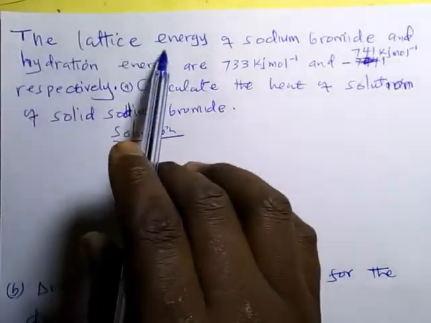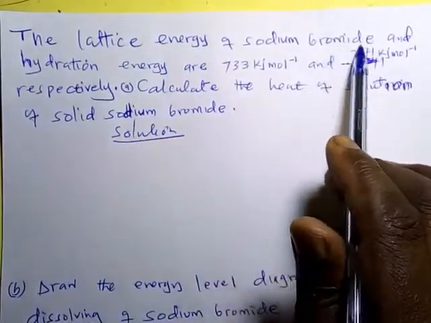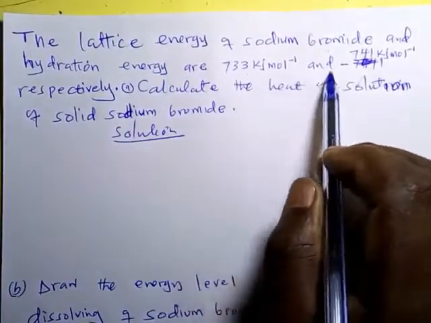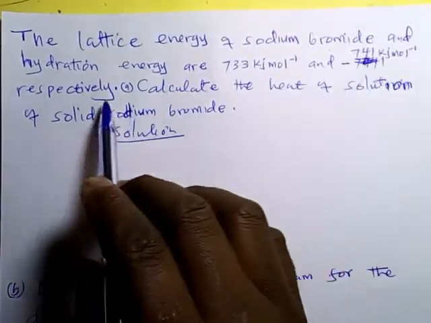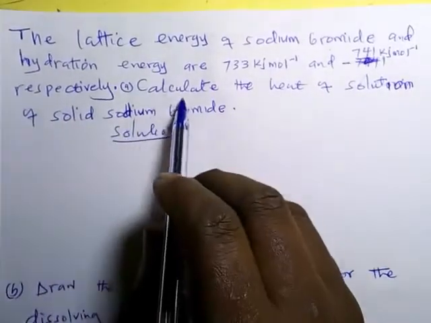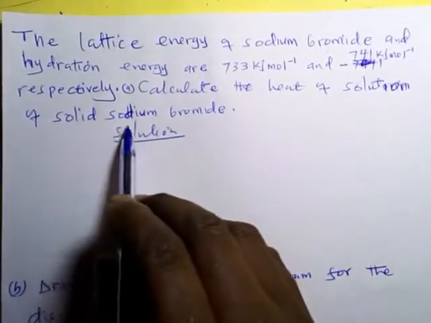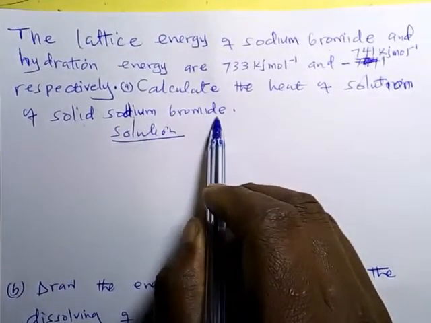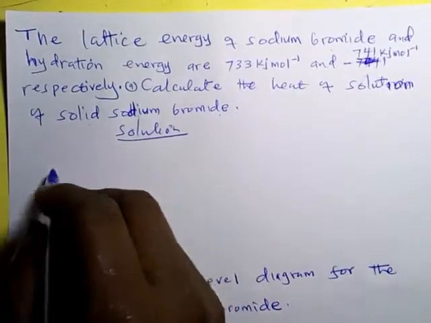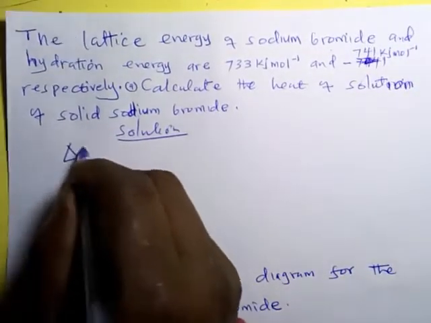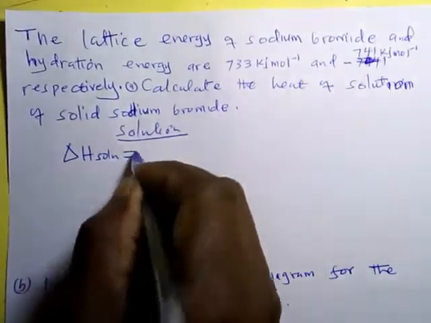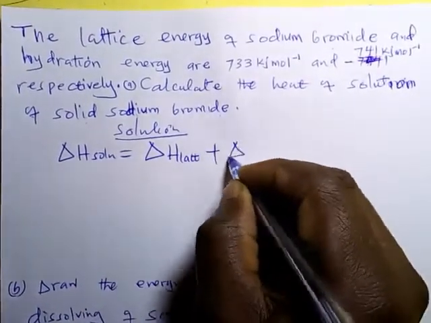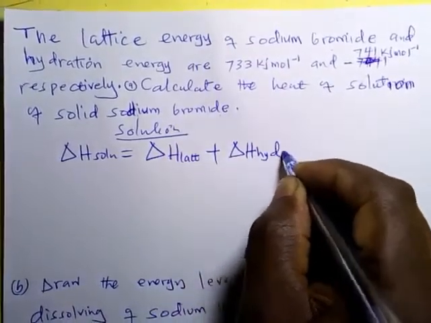Another example: the lattice energy of sodium bromide and hydration energy are 733 kilojoules and negative 741 kilojoules respectively. A. Calculate the heat of solution of solid sodium bromide. The answer is simple. Enthalpy change of solution equals enthalpy change of lattice plus enthalpy change of hydration.